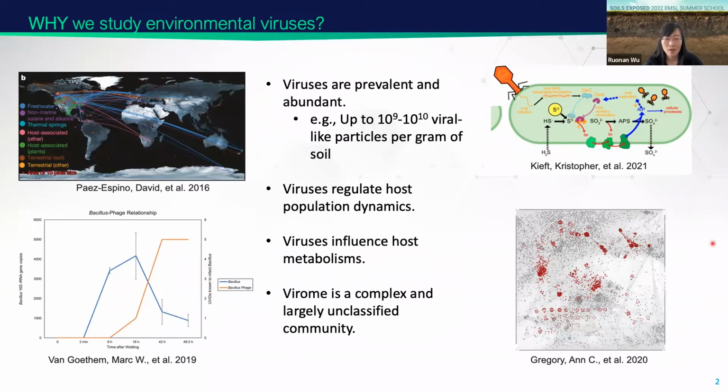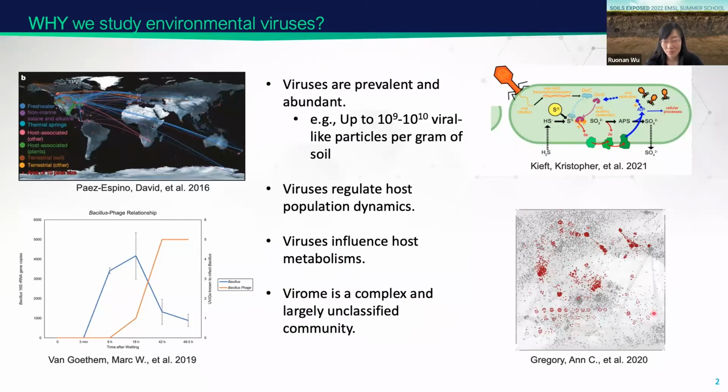The virome is also a really complex and largely unclassified community. For environmental viruses, we're talking about the whole community rather than certain types of deadly pathogenic viruses. The whole viral community is extremely diverse, but the fun part is that there are lots of unknowns.